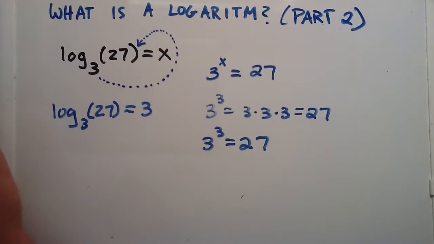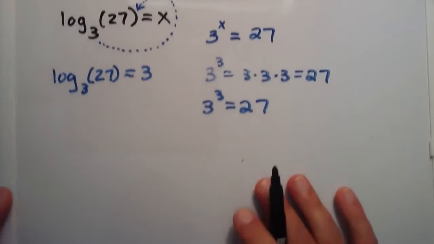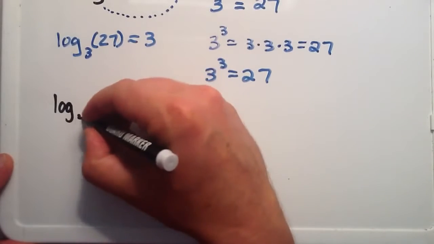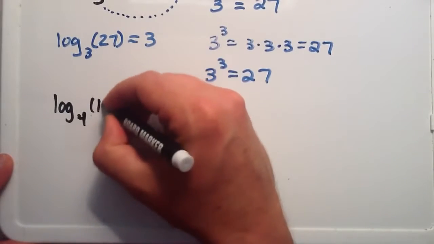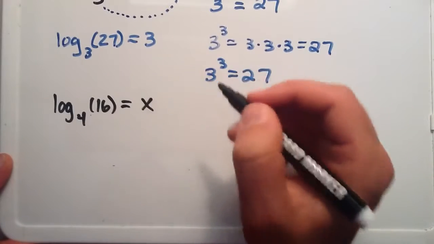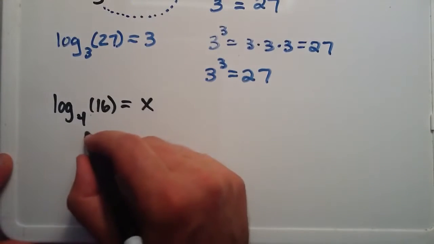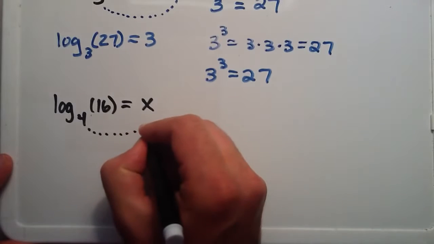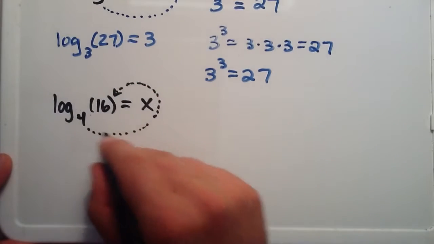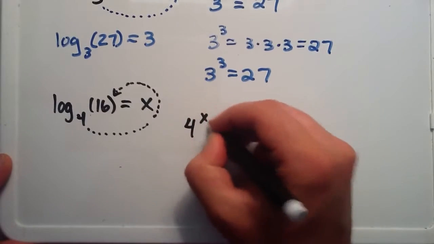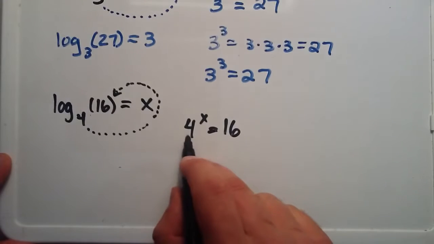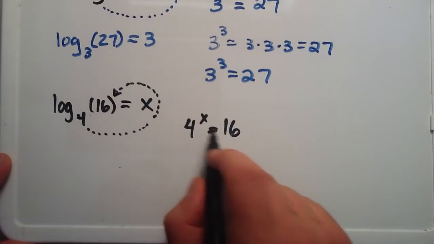So let's try one more example here. What if we had log base 4 of 16, and that's equal to some number. Well, we just take 4 raised to some power equals 16. 4 raised to the x equals 16. So 4 times 4 equals 16.